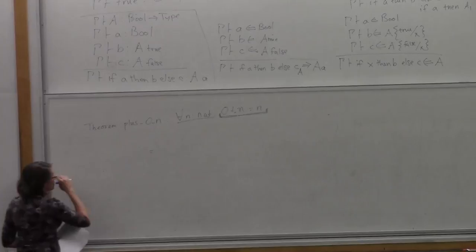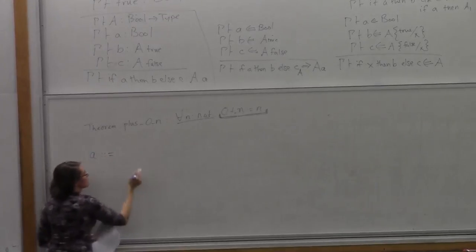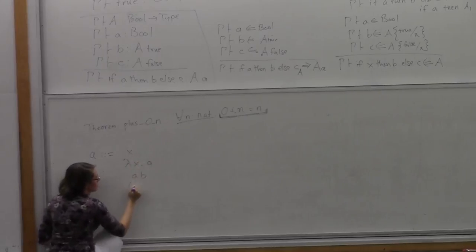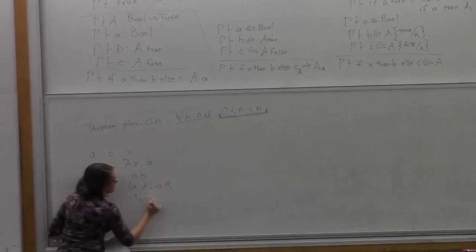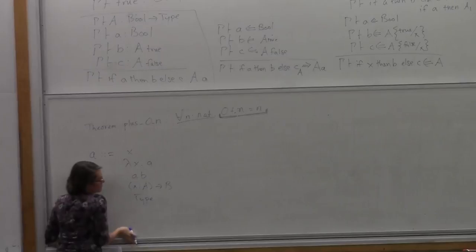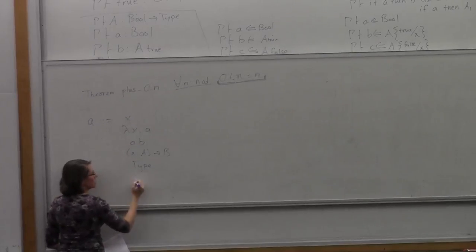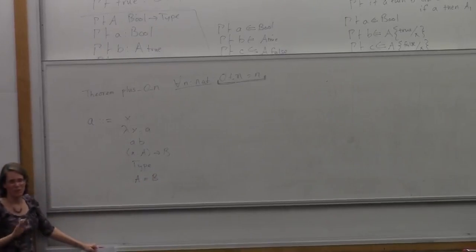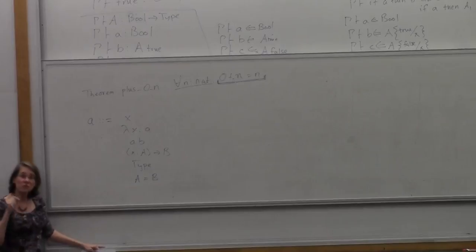So in our syntax, remember we have our abstract syntax in the language: variables, lambdas, application, pi, type. We're going to add a new type form that is equality. Two things are equal to each other. Could be lowercase a, could be capital A. Doesn't really matter. This term is equal to that term. That's a new type.